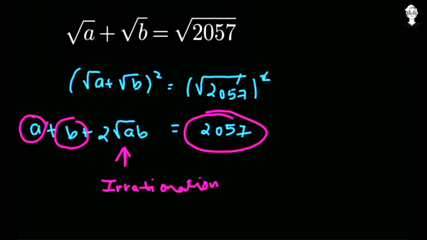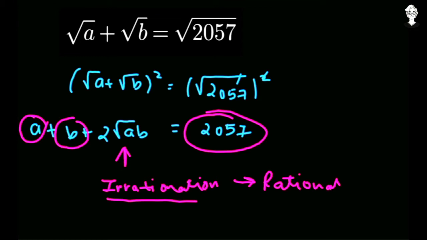But what we know is that if anything is added to or subtracted from an irrational, the resulting answer is also irrational. But here, with the irrational part, some integers are added, which are a and b respectively, and we are getting a perfect integer. So this indicates that this irrational part must be rational. It is becoming irrational just because of this under root sign.